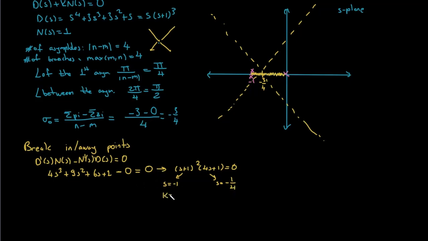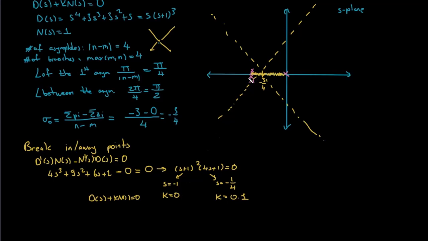If you check the k value for s equals -1, it will give you k equal to 0. And for the other one, how do you check the k value? By the way, you check this, right? d of s plus k n of s equals 0. And then k is equal to 0.1, right? So these are the break-in and break-away points, and those are all included in our root locus.